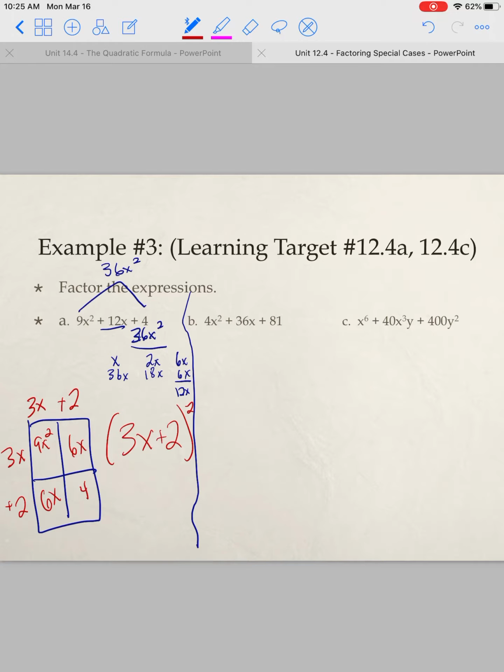No. I would multiply x to the 6th and 400y squared, which would give me 400x to the 6th y squared, and I'd find the factors of that. Don't let that be too intimidating. But just for the purpose of time, example A is pretty much all you need there in the sense of understanding how to do these.